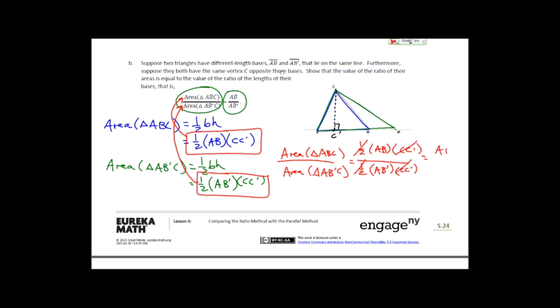I find that it is AB over AB prime. So what that means is that if they have the same altitude but different bases, then the ratio of the areas of the two triangles is the same as the ratio between the side lengths. All right, we will use those two ideas as we prove the side-splitter theorem.